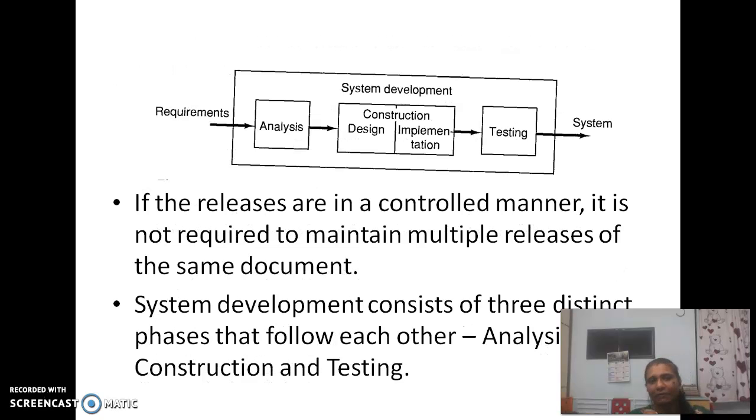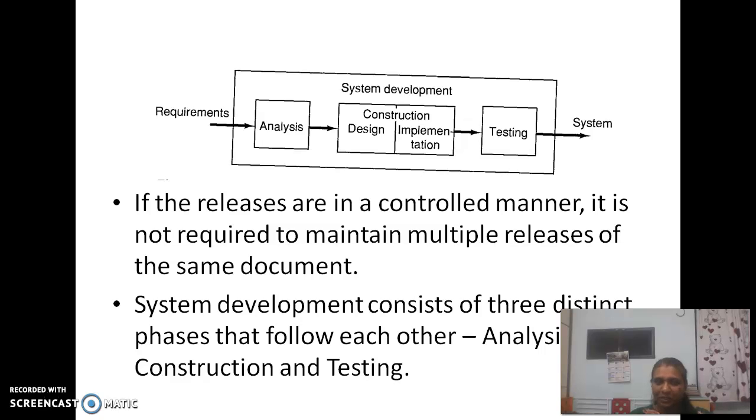So here we have our system development in which we have three stages. The inputs to the system development are the requirements and the output is the system itself being developed. And during the process of system development, we do divide it into three different phases. One is analysis, the other one is construction, and the third one is testing.